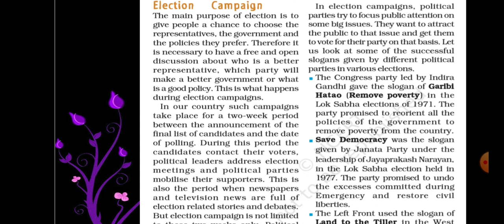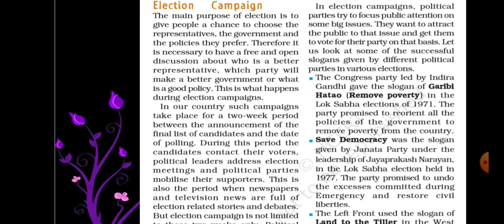So, according to the election law, no party or candidate can bribe, threaten voters, appeal to them in the name of caste or religion, use government resources for election campaigns, or spend more than 25 lakh in a constituency for a Lok Sabha election, or 10 lakh in a constituency in an assembly election. Okay.